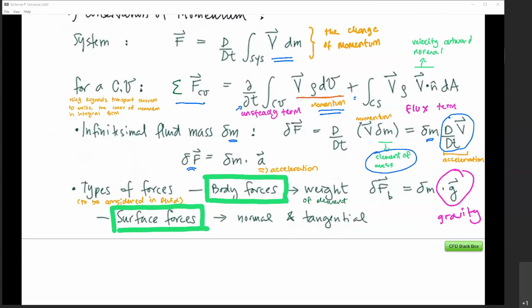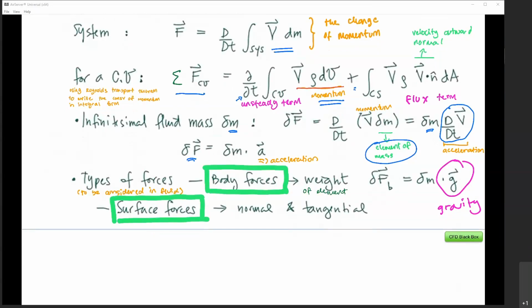For fluid mechanics, there are several types of forces acting on the fluid elements. For the ones we're looking at, there are two forces that are relevant that we need to understand. The first one is the body force, which is the weight of the element. The second one is the surface force, which is normal and tangential to the fluid element.